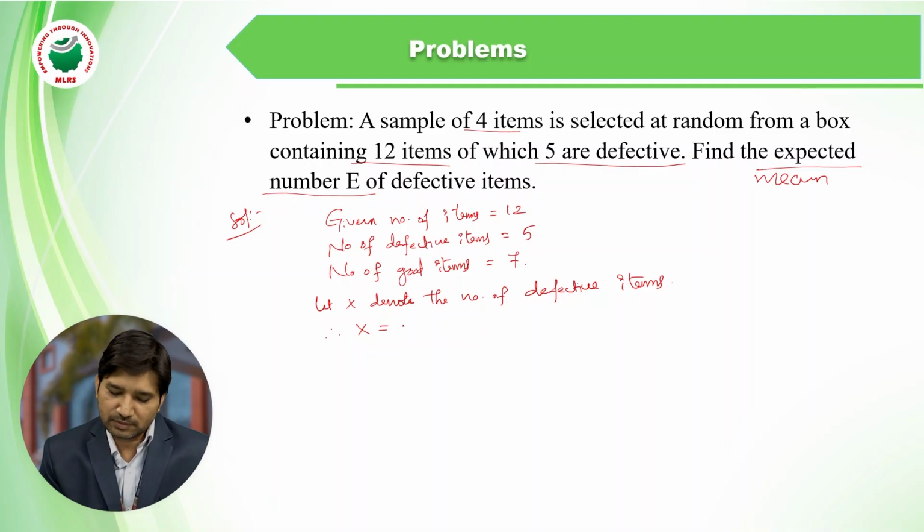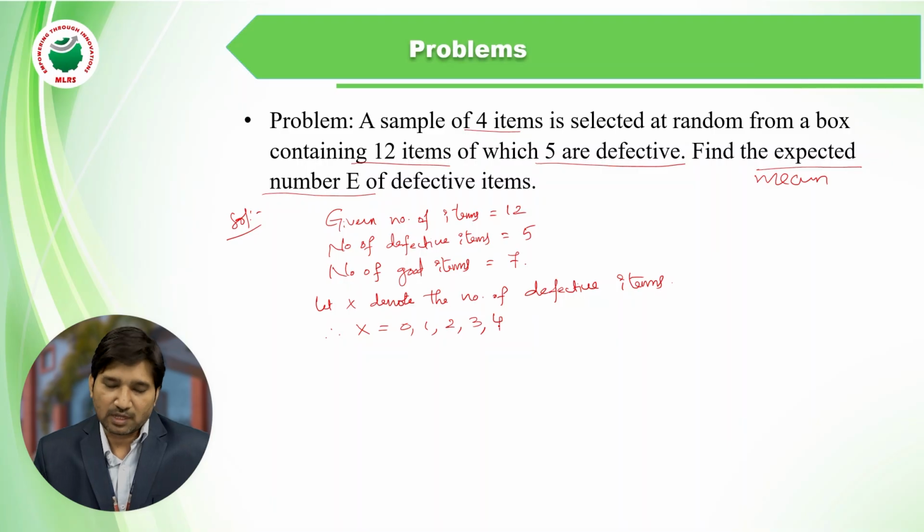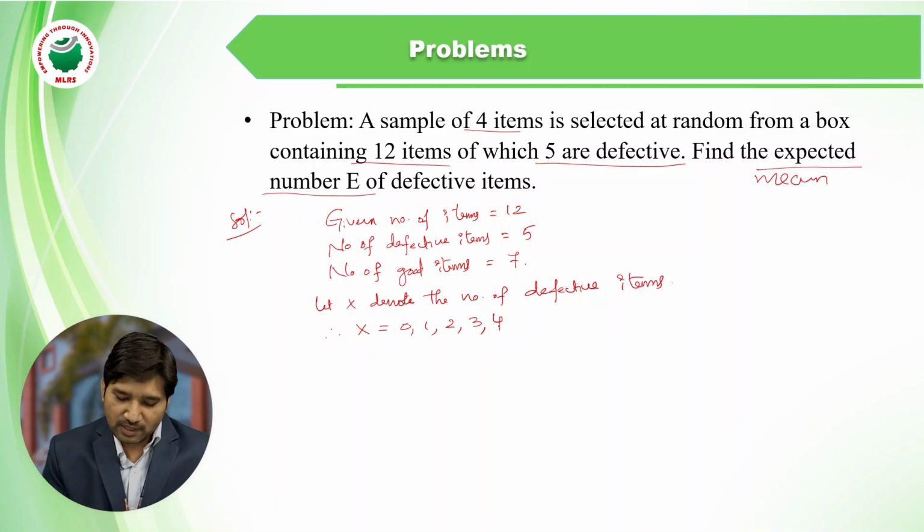Let X equal 0 defective items, 1 defective item, 2 defective items, 3 defective items. Maximum 4 selected, that is 4 defective items. Now we have to find the probability of the given random variable values 0, 1, 2, 3, 4.